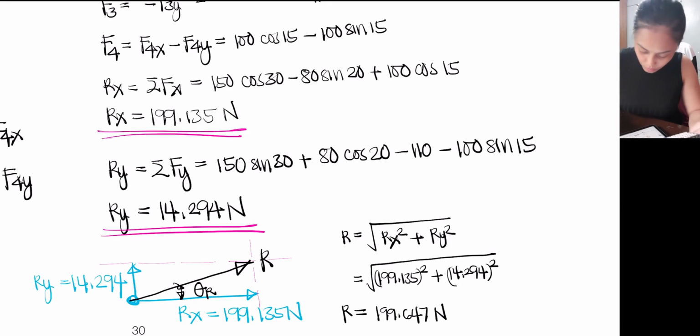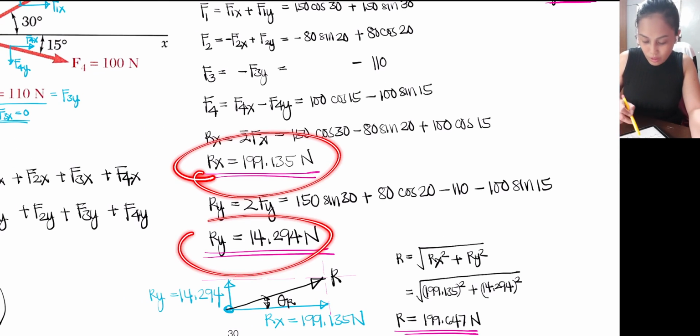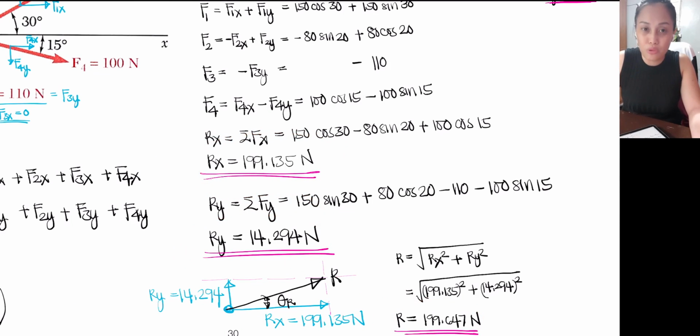So this is our final answer. If you combine the components along x and y, you get the resultant force, 199.647 newtons.